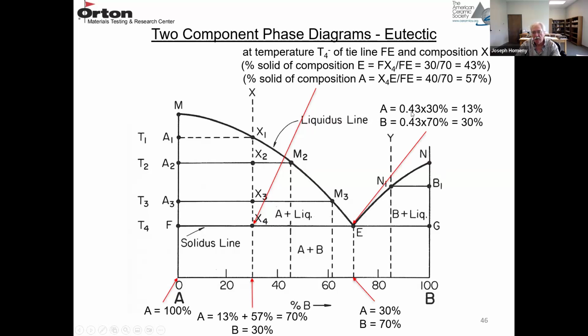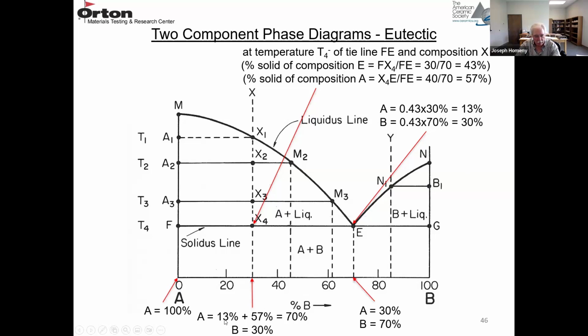So you multiply 43% or 0.43 times 30% for A, and then for B it is 0.43 times 70%. So A equals 13% and B equals 30%. So just below X4, we have 57% A, and then over here, we crystallize 13% A and 30% B.